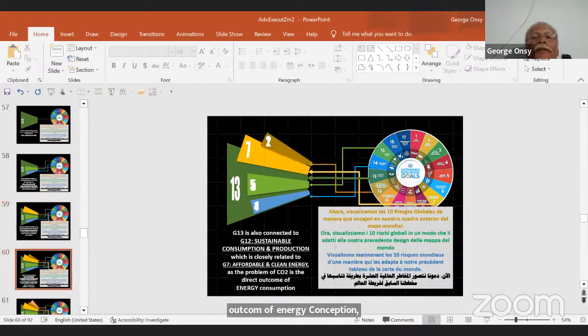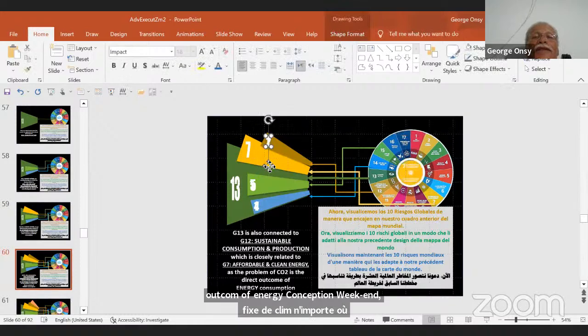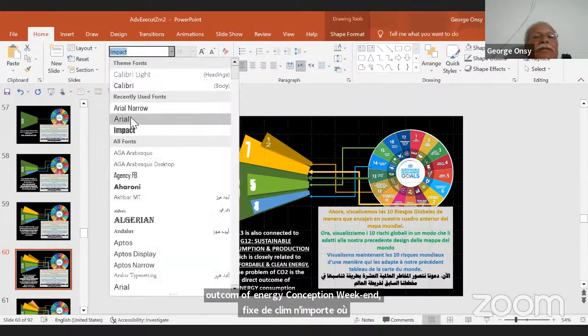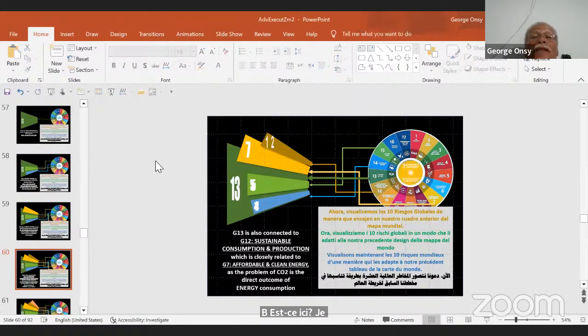And then this is number 12, sorry that the type doesn't look so nice. What is number 12?